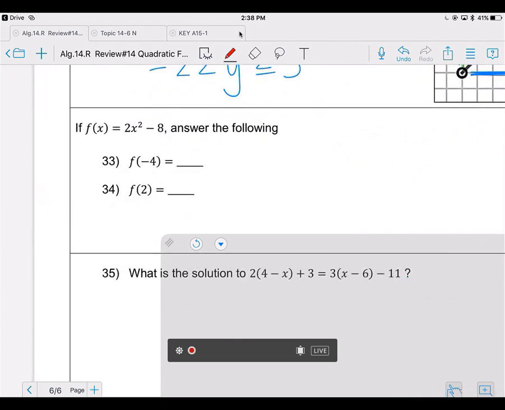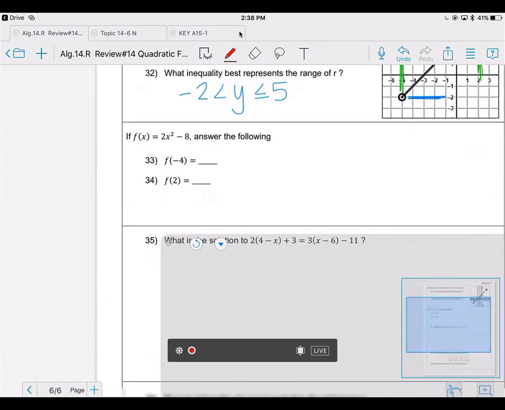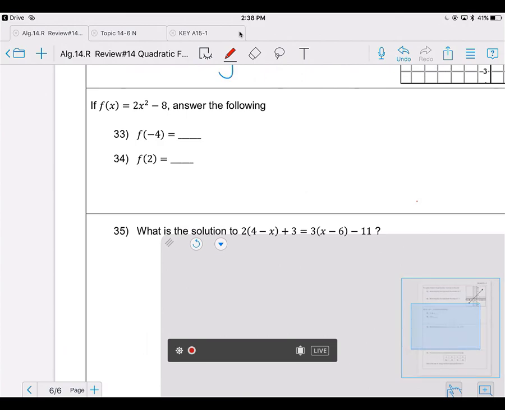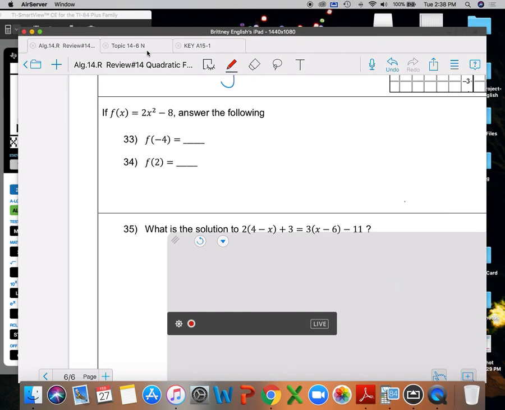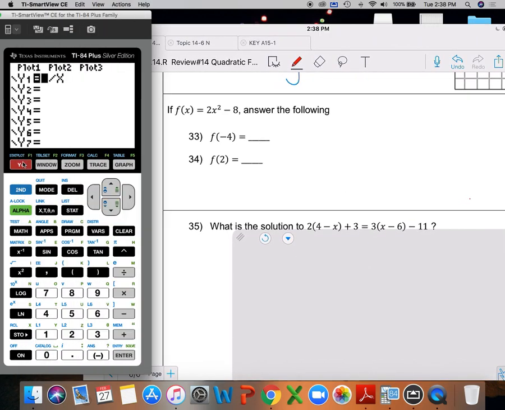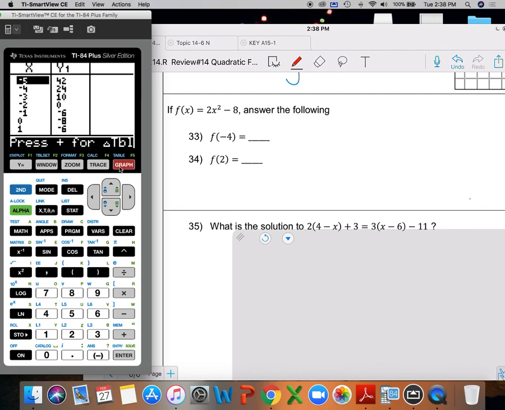This is problem 33. Oh, 33 and 34. If f of x equals 2x squared minus 8, then answer the following. Anytime we are given something like this and we want to know an x value, remember we can put it in y equals. So 2x squared minus 8 goes into y equals. I can go look at the table, or I can do a value like we did from a graph.